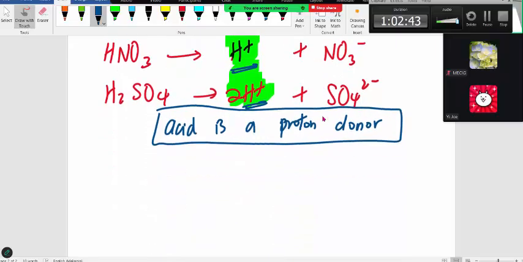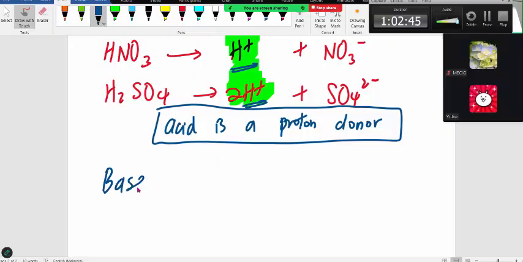An acid is a proton donor. A base is a proton acceptor. Not yet alkali, okay? A base is a proton acceptor.